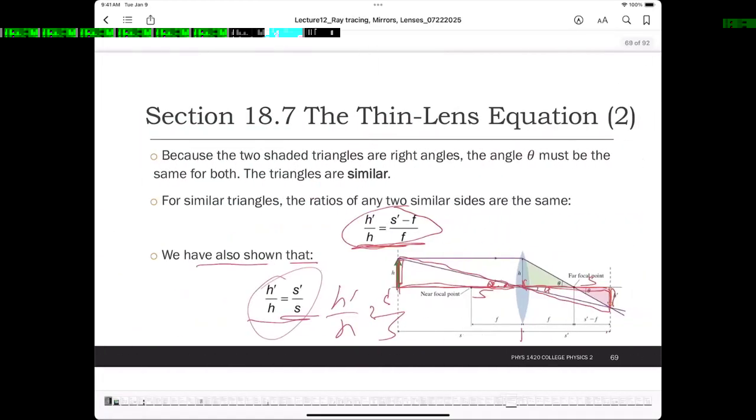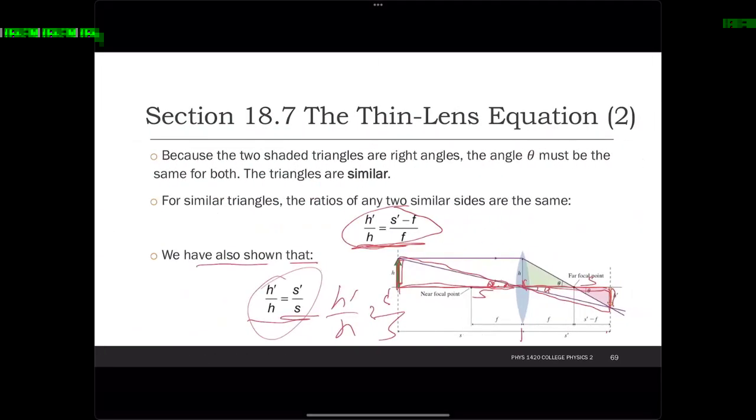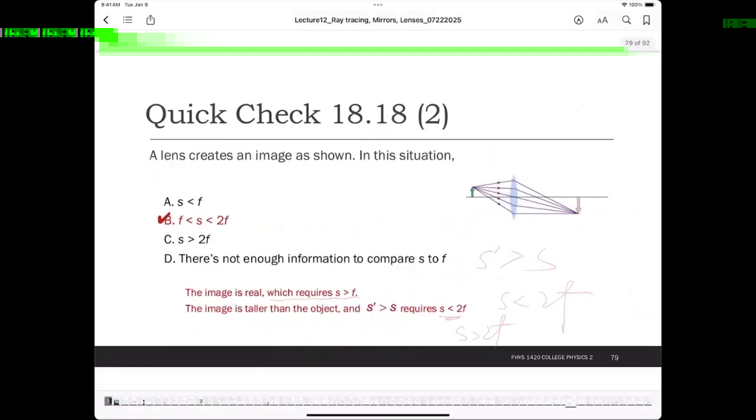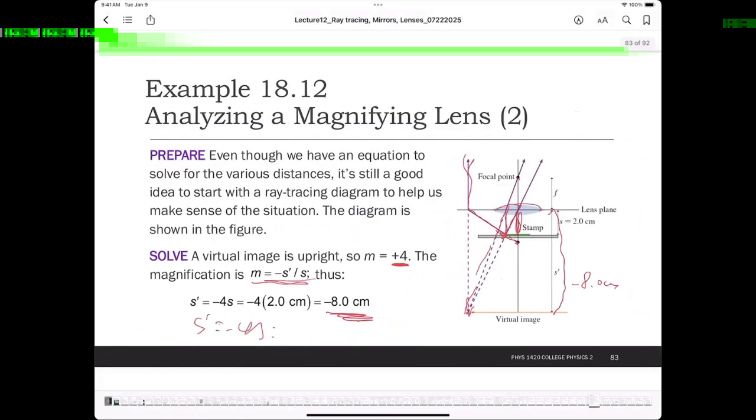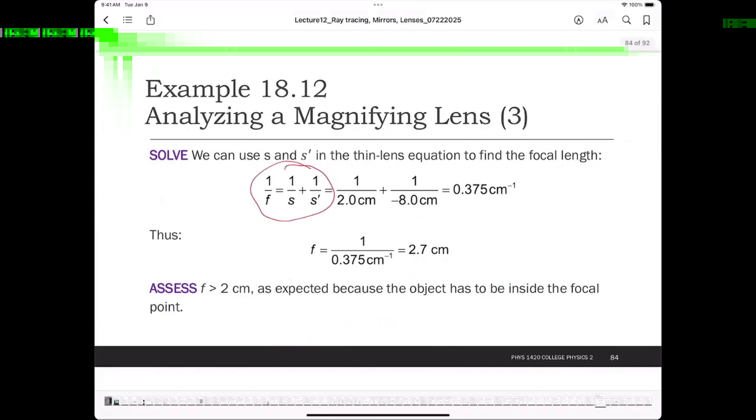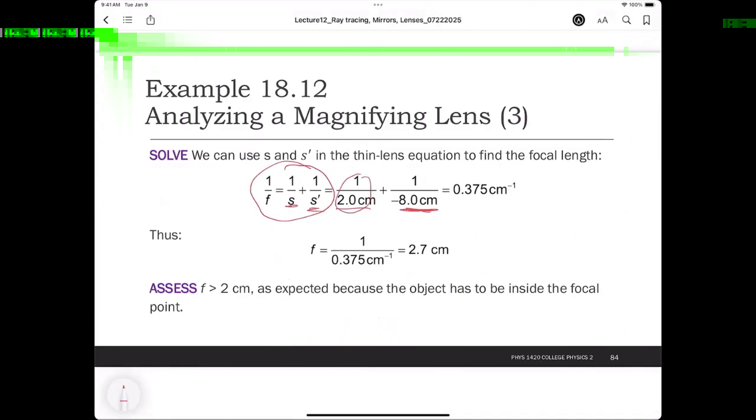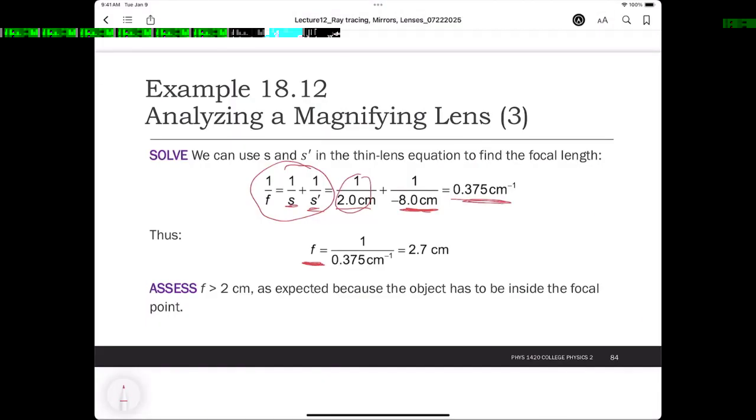From these two equations, we can get this equation, and we know this is 2 and this is negative 8 centimeters. Then we use this equation and get 1 divided by f equals this one, and then we can get the focal length.